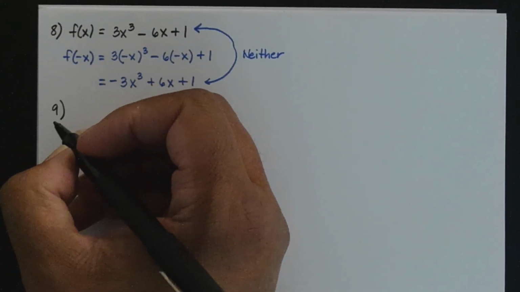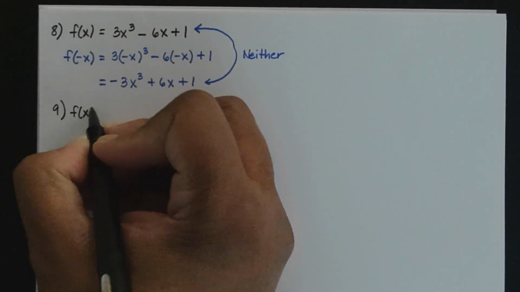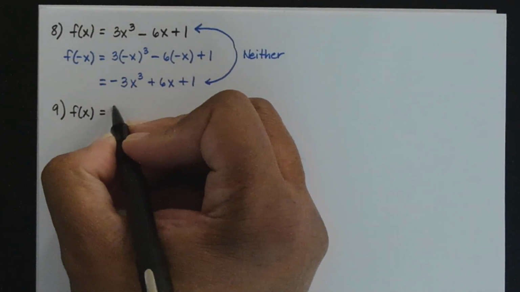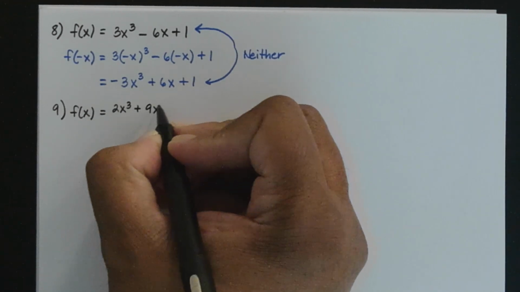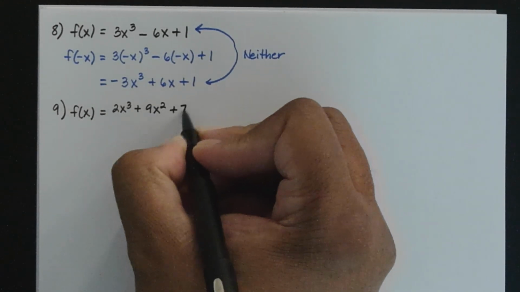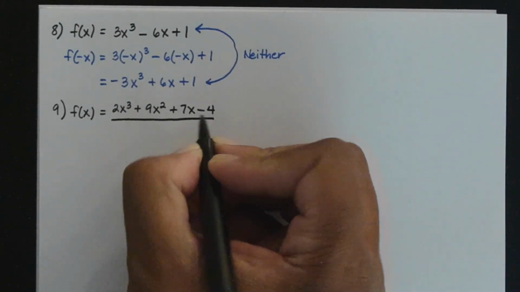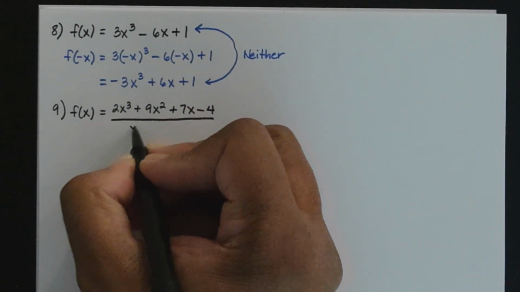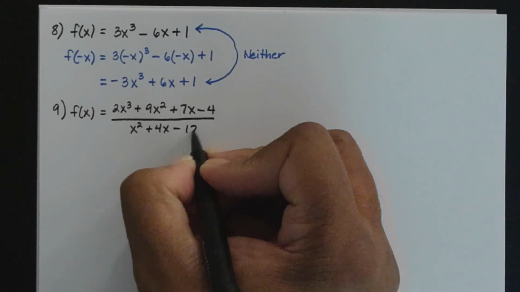Here we're finding the domain of this function f of x is equal to 2x to the third plus 9x squared plus 7x minus 4, the whole thing divided by x squared plus 4x minus 12.